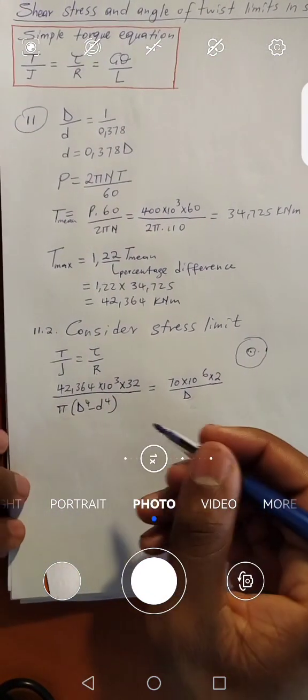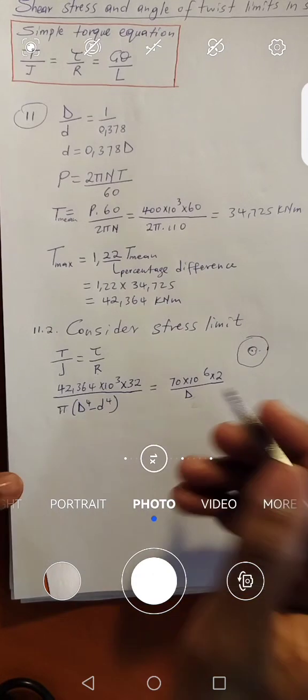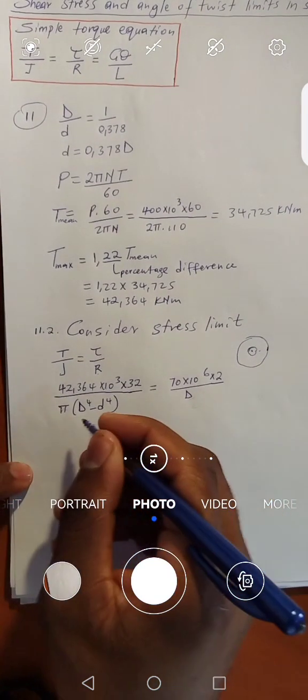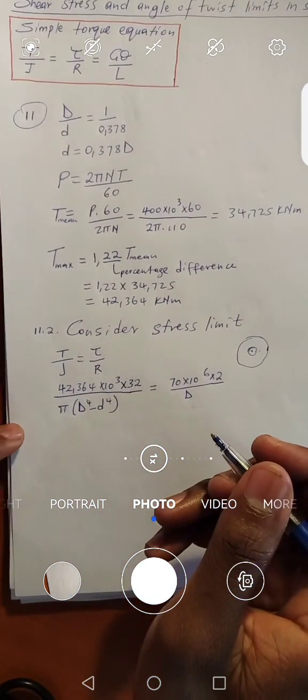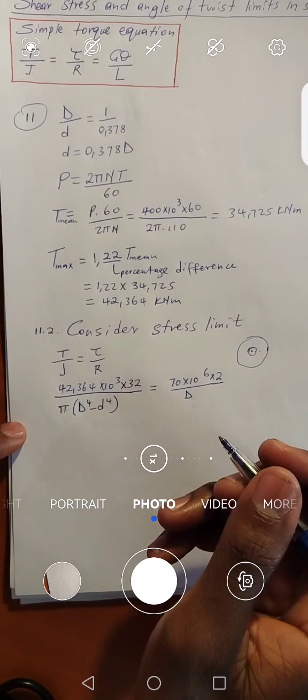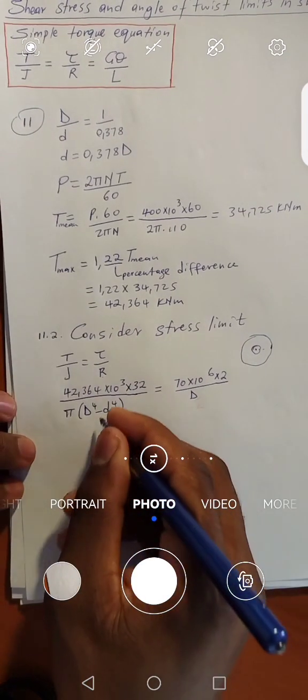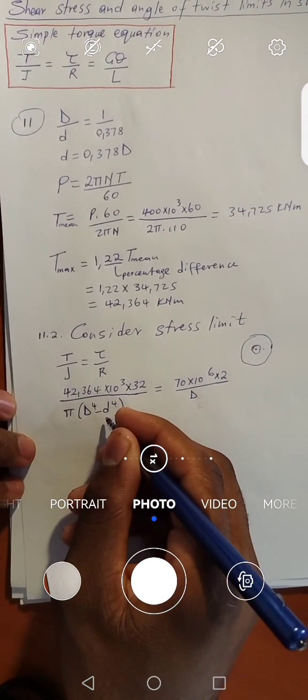Right, from there, it's just mathematics. At this stage we've got two unknowns. Now we have to reduce these two unknowns to one unknown.